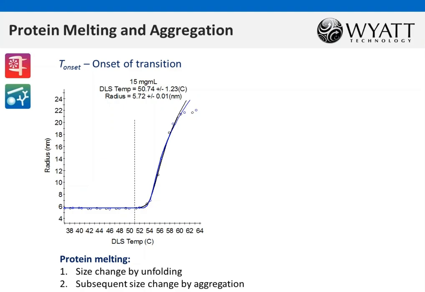Since DLS only tracks a size change, DLS is both sensitive to protein unfolding and subsequent aggregation due to the exposure of the hydrophobic domains. It is therefore advantageous to describe the transition temperature in terms of an onset temperature, that is, the temperature at which this original size change is observed.